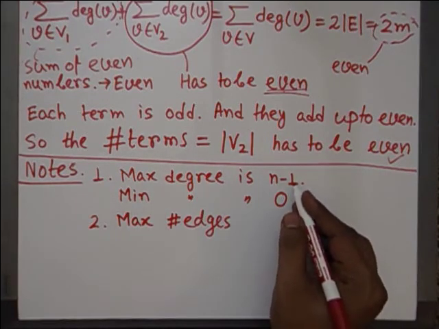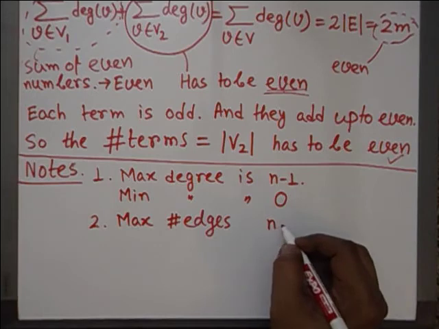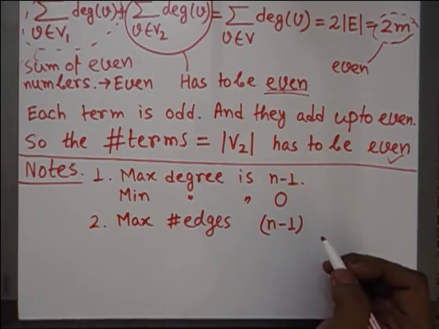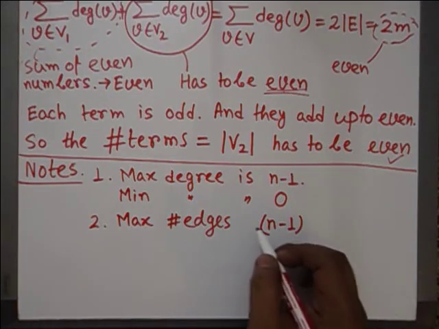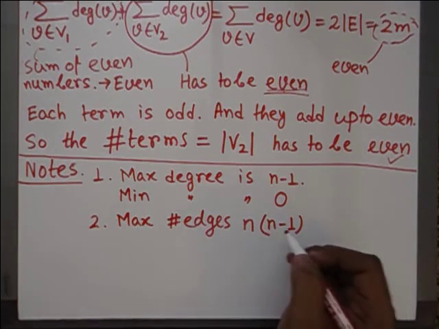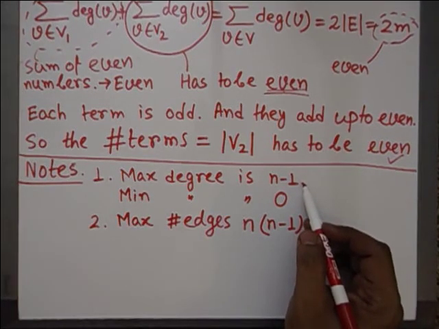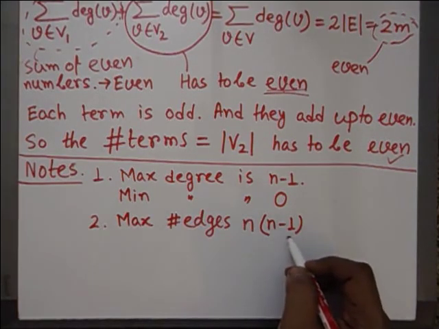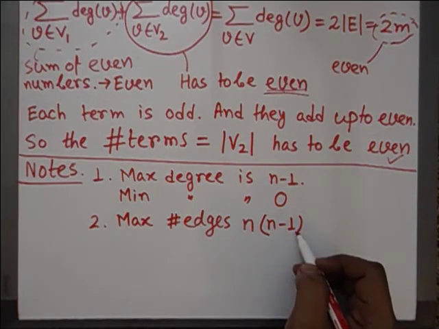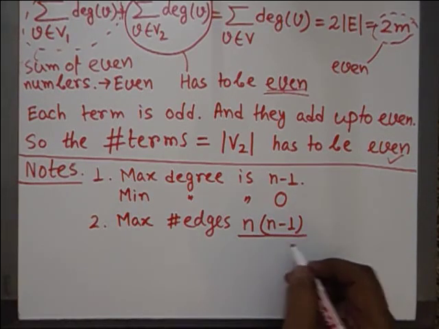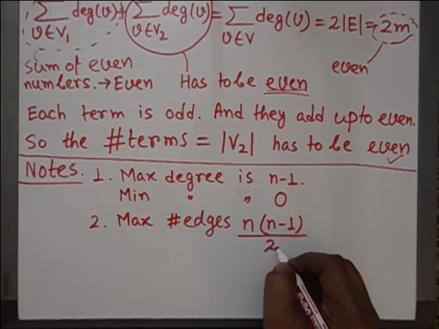The maximum degree is n minus 1, and how many vertices are there in total? n vertices. For each, the maximum degree can be n minus 1. So the maximum summation of degrees can be n times n minus 1. And from the Handshake theorem, we know that the number of edges is half of it.